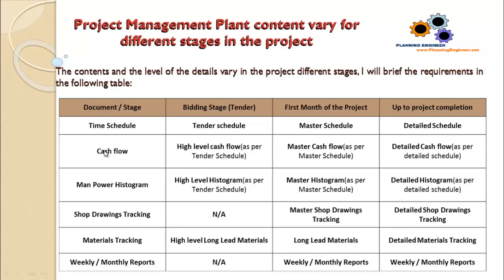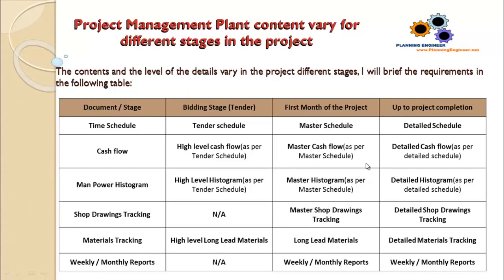The second document is the cash flow. At the tender stage, the cash flow is a high level cash flow, and it is as per the tender schedule. It is only high level, showing the forecast cash flow to inform the client about the forecast payment and so on. In the first month of the project, we should prepare a master cash flow.